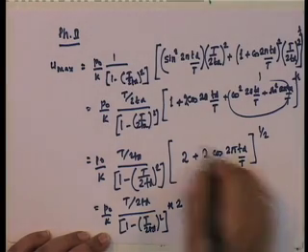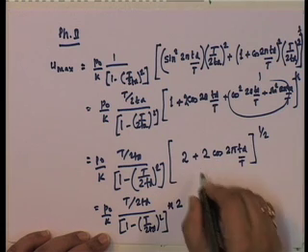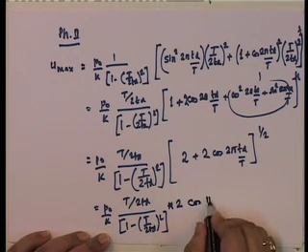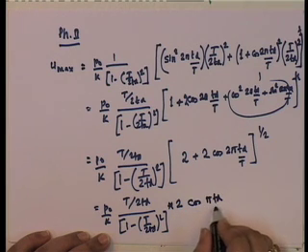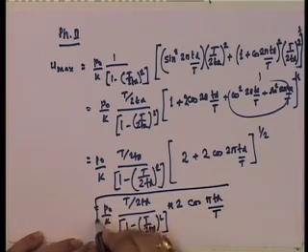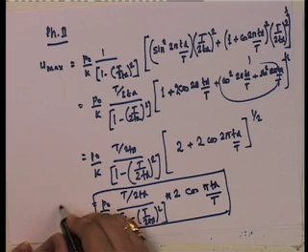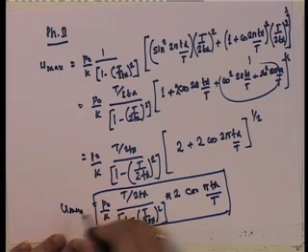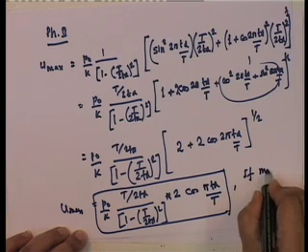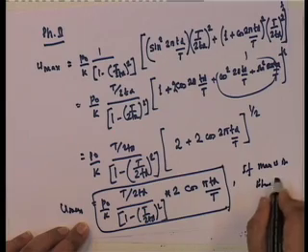The 2 into 2, 4, comes out, square root is 2, and the square root of cosine squared is cosine of pi t_d upon t. This is your u max if u max is in phase 2.